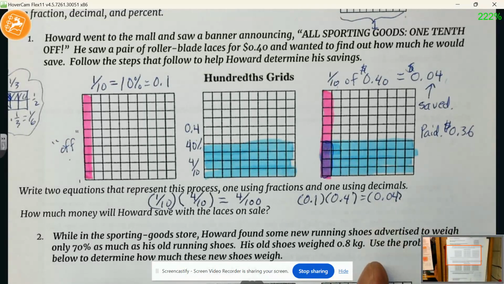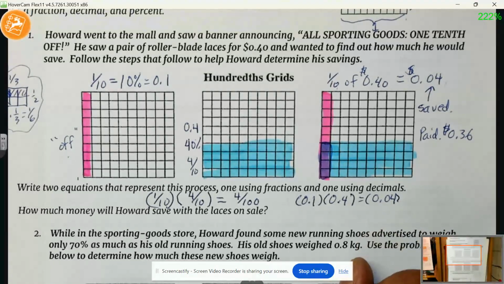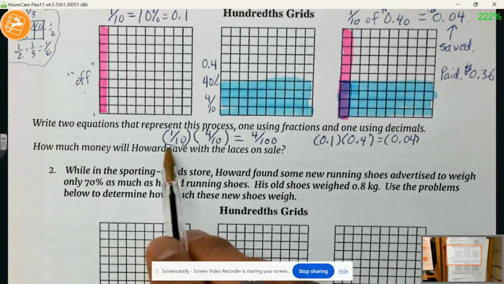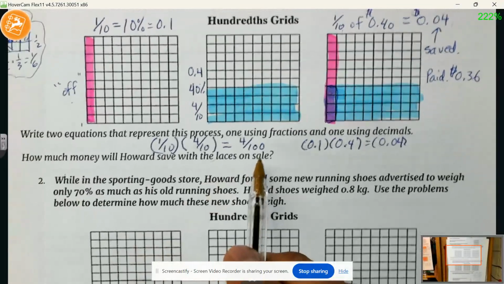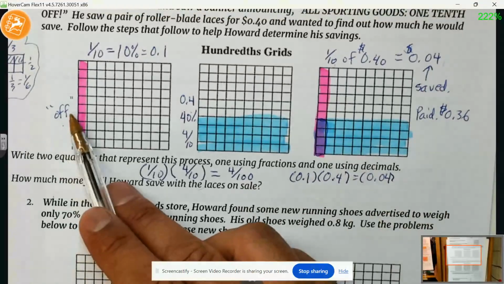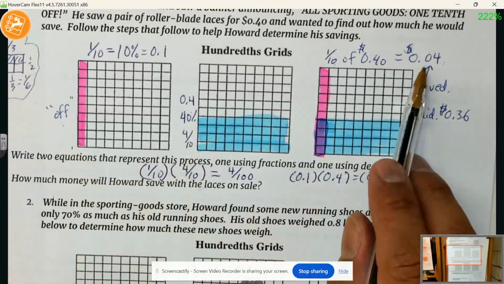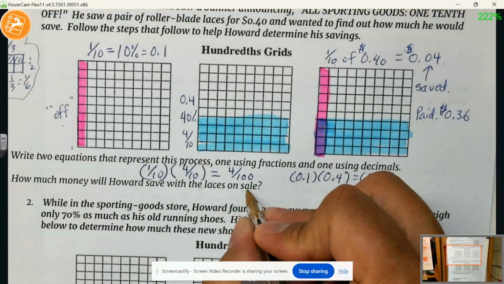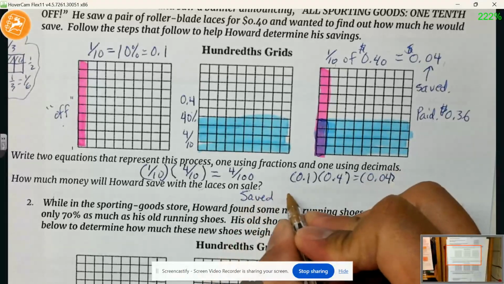And this is that amount. Okay, so how much money will Howard save on the laces? So then we can look at this work. We figured, well, that's the 10% off, so that's 4 cents off. He saved 4 cents.